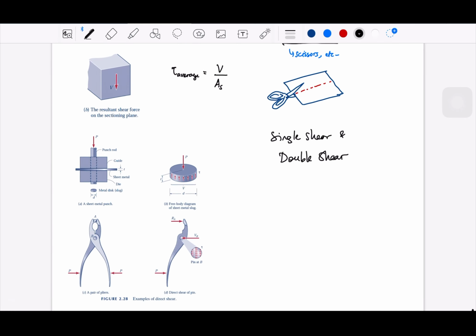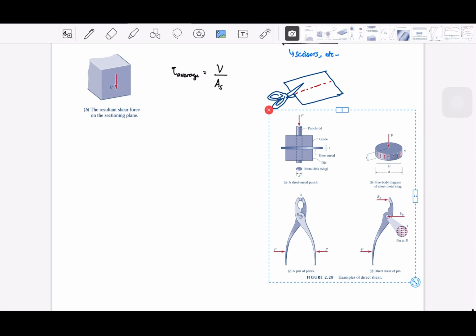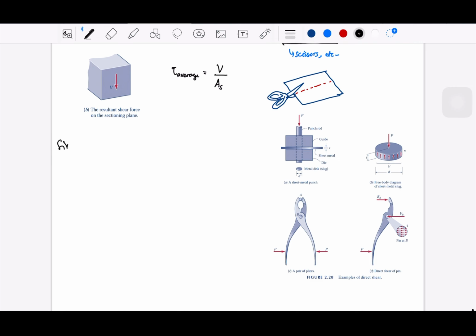Let me write on the left. This is an example for direct shear, maybe here. So single shear, double shear.